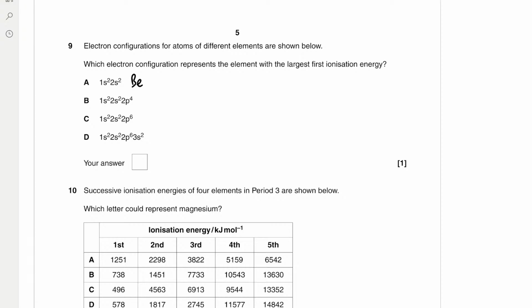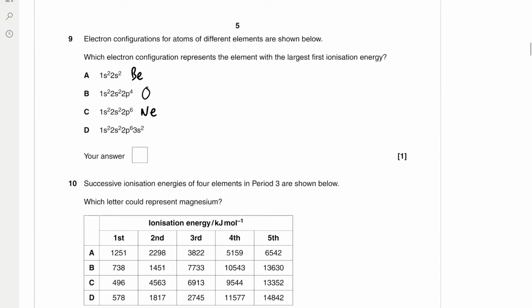And then we've got B, which is 1s2, 2s2, 2p4. So 1s orbital is full, our 2s orbital is full, and our 2p orbital has 4 electrons in it, that's oxygen. C, 1s2, 2s2, 2p6, that's a full 2p subshell, so that's Ne, neon. And then 1s2, 2s2, 2p6, 3s2. Well, that is magnesium.